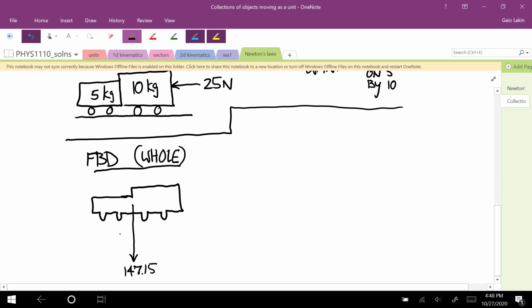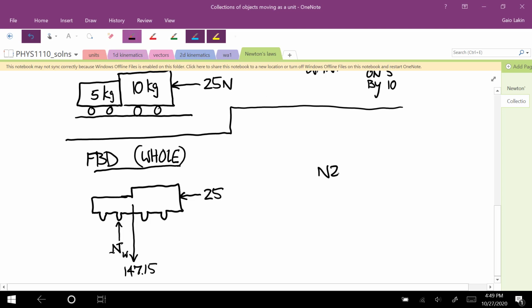There's a pushing force up from the ground that I'll call N, I'll call it N_W for whole. And then the only other force on the boundary besides that pushing force is the 25 Newton force going this way. That's a complete free body diagram.